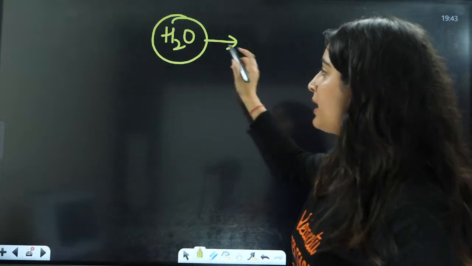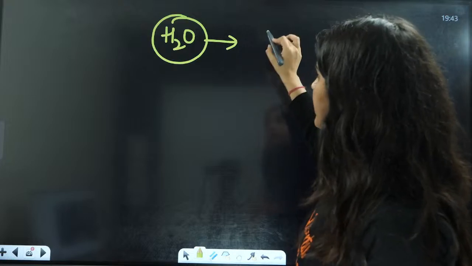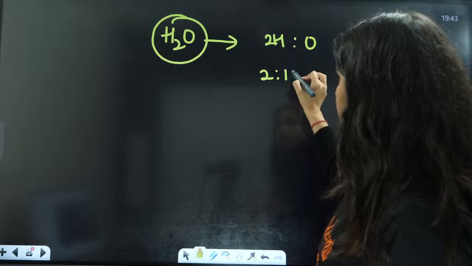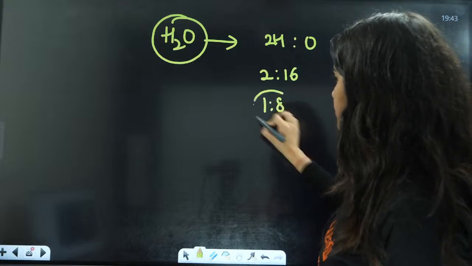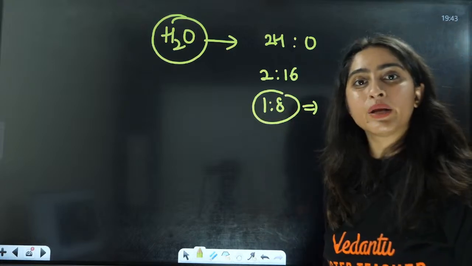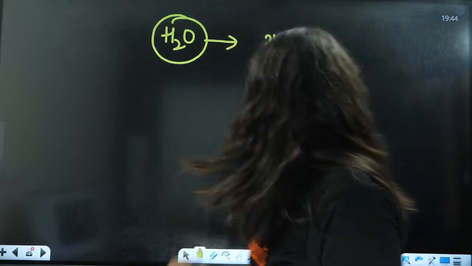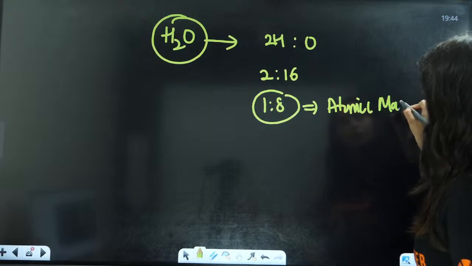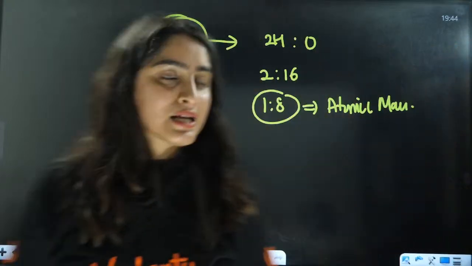The ratio here will be the atomic mass ratio. This is 2 hydrogen plus 1 oxygen, so 2 ratio 16, that is 1 ratio 8. This is always going to be the ratio of atomic masses, right?